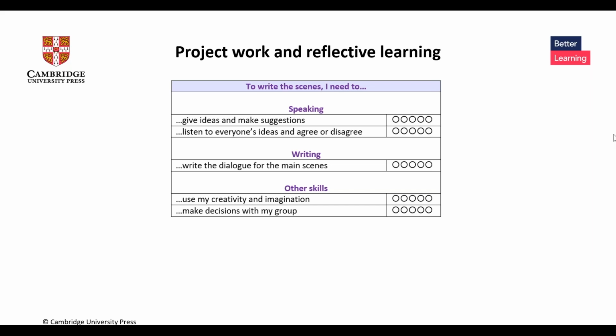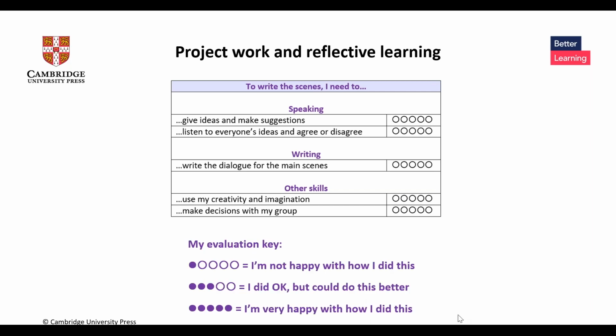And then at the end of this particular stage of the project, they would evaluate their performance in terms of how successfully they felt they completed each of these skills.